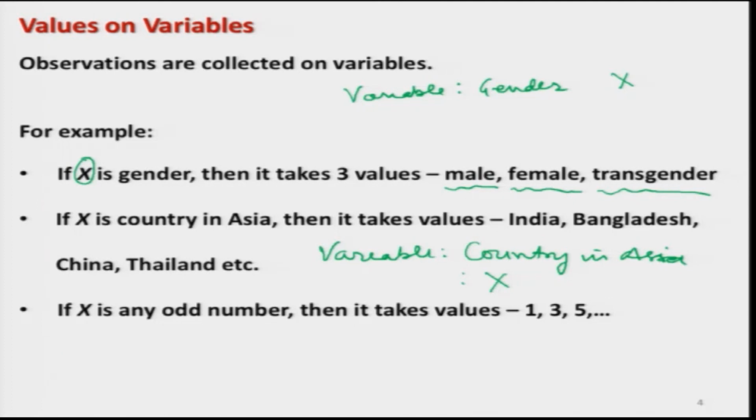The countries in Asia can be India, Bangladesh, China, Thailand, Bhutan, and so on. So now you can see I have done two things. I have defined the variable, and I also have given an idea that the variable can take different possible values.